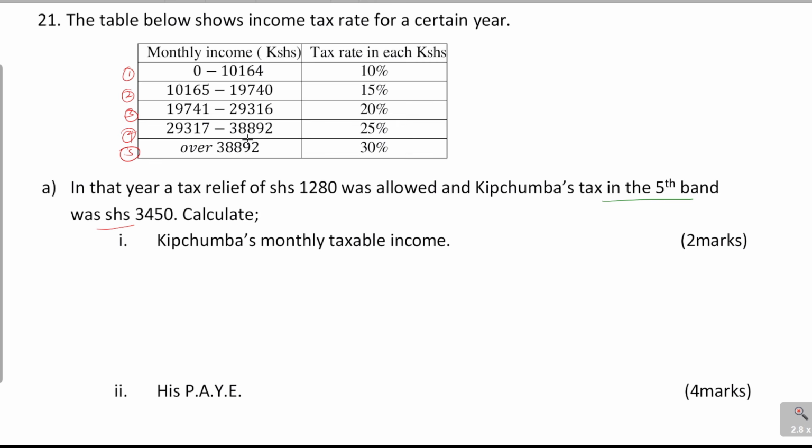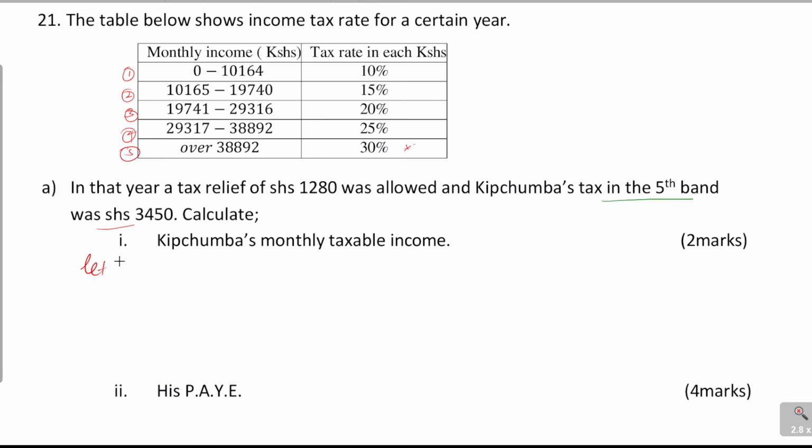And that income is the income that is above 38,892. So that amount that is above 38,892 was the one that was taxed at the rate of 30% in order to give this tax. So this is what you're going to do.